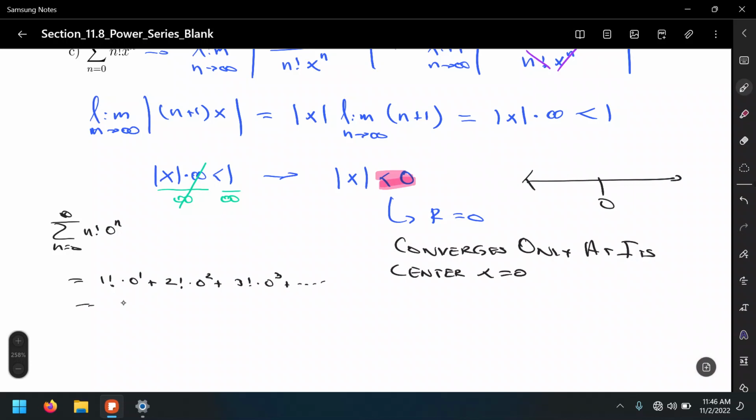What is that equal to? 0 plus 0 plus 0. Does that mean diverge or converge? Well, it's weird. The sum is equal to 0. It's equal to nothing, but it's converging. It converges, and it only converges at the center, x equals 0.